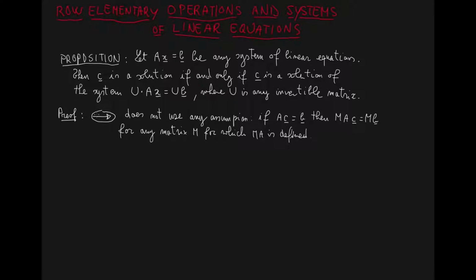First we prove the following implication. We assume that c is a solution of the system, and we prove that c is also a solution of the other system obtained by multiplying both sides on the left by the invertible matrix U. In this case, we don't actually use the invertibility of U. This implication is always true, because if Ac equals b, which is the definition of c being a solution of the system, then if you multiply this equality by any matrix M on the left, the equality will of course still be true.